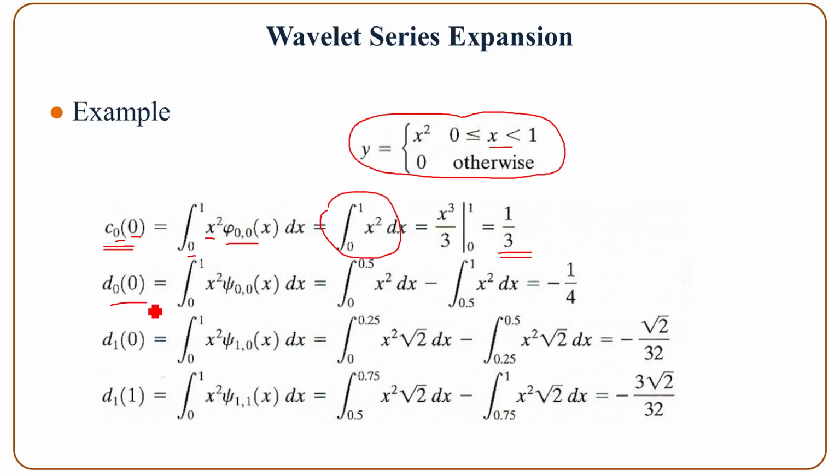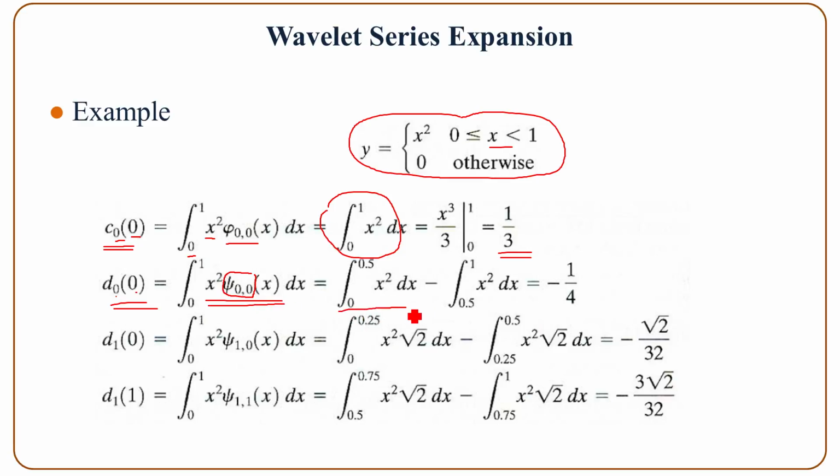And similarly, you calculate d 0 0. This is j and that is k. In order to calculate this integral, you have to separate it into two integrals, because psi 0 0 is equal to 1 in the first half from 0 to 0.5, and negative 1 for x from 0.5 to 1.